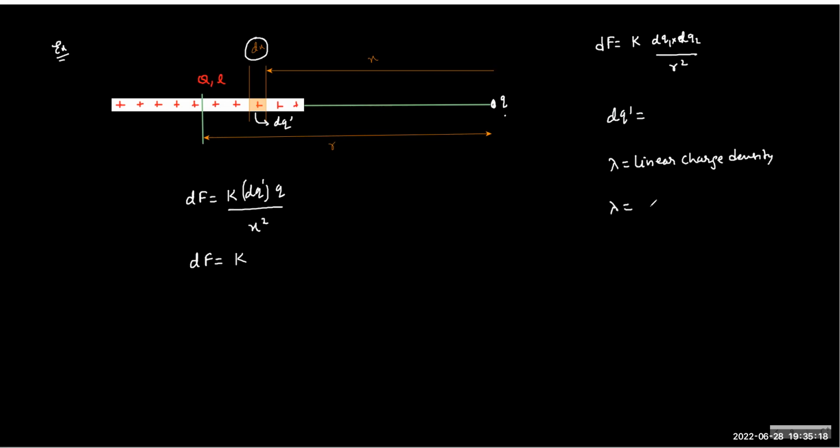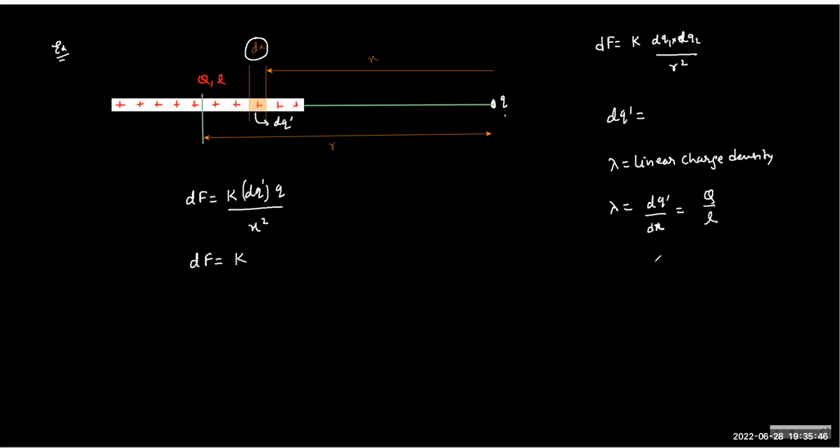Charge per unit length. So in the length dx, how much charge is there? Because charge capital Q is spread over length L, lambda is well known to us. Q by L.